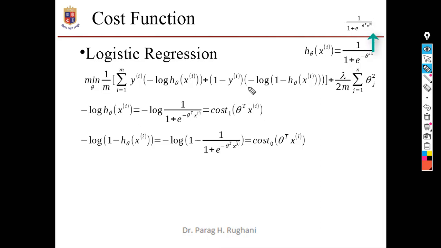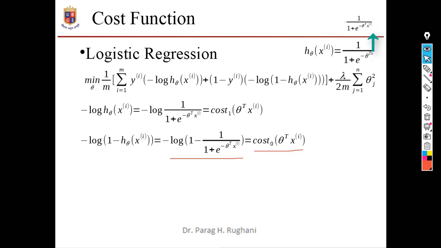So my term minus log 1 minus h theta x of i is now minus log 1 minus 1 upon 1 plus e raised to minus theta transpose x of i, and then I call this cost 0 theta transpose x of i. The reason behind calling it 0 is that if I take y equal to 0, this will be the new representation for the term.